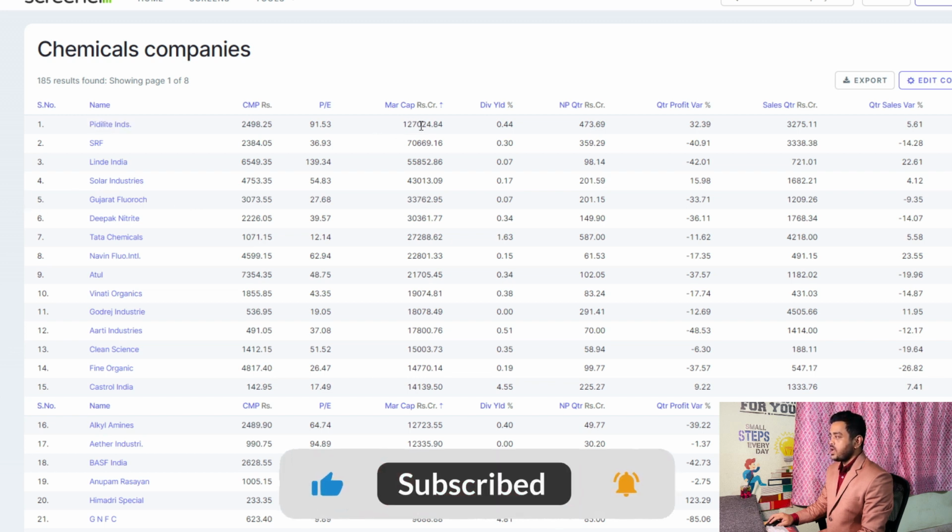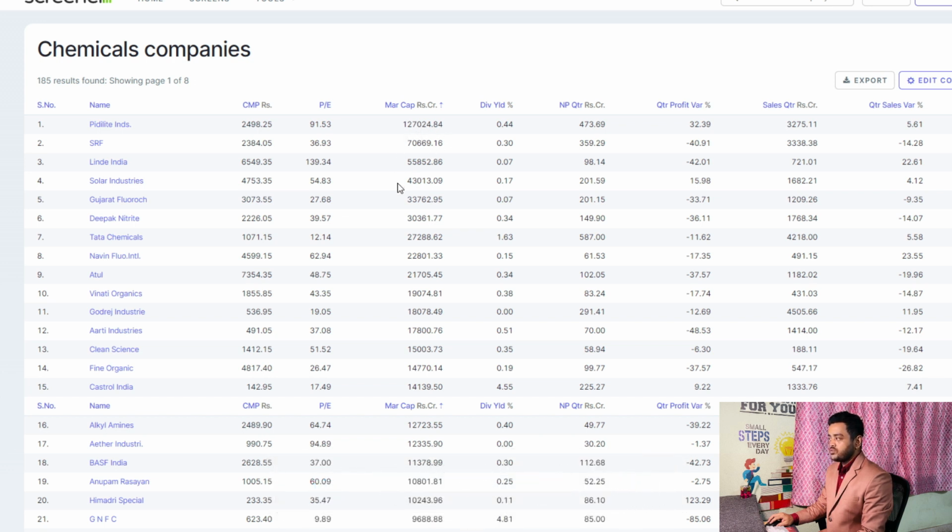You see the market cap: 1,27,000 crore, 70,000 crore, 55,000 crore, 43,000 crore, 33,000 crore. So I'll glance through these four to five stocks from the top, because these stocks define the movement or the trend of the chemical industry. So let's look at them one by one.